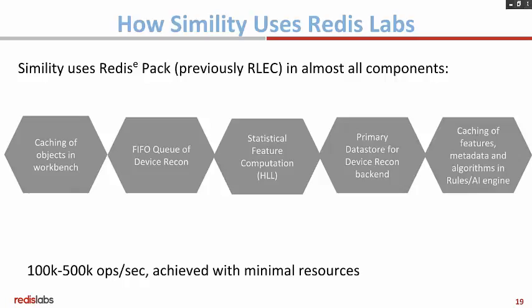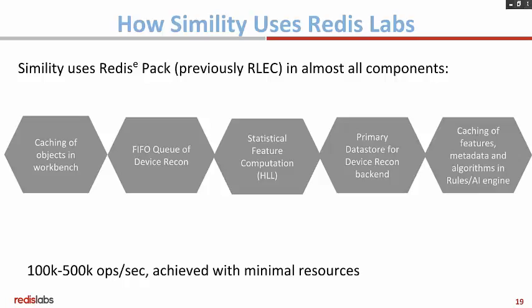So in terms of our cluster, we use a high availability RLEC setup, but the main thing is we only have 3 nodes with very low capacity VMs, only 4 virtual CPUs and just a lot of RAM, but we still manage to hit 100K to 500K operations per second very, very comfortably.